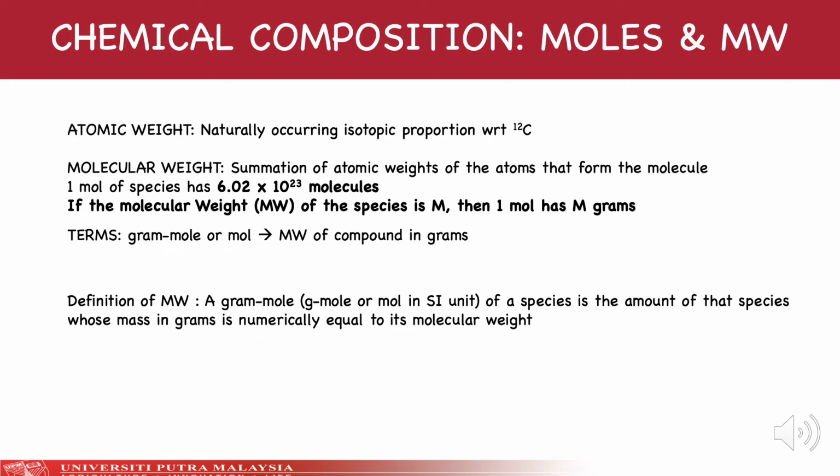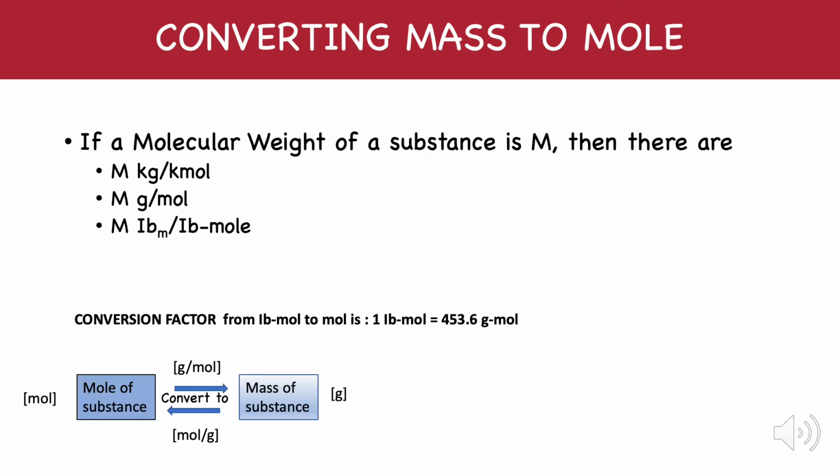And the common term that we use to denote the molecular weight of a substance is gram mole, the unit is gram mole or mole. And let's say if we want to convert a mole of substance to mass of substance, we have to multiply it by the molecular weight.